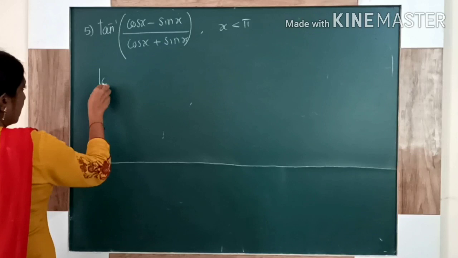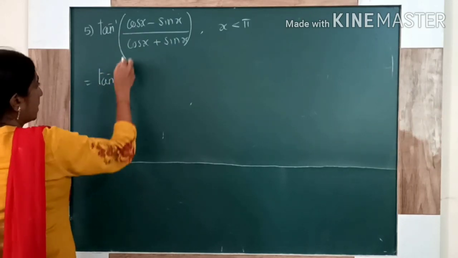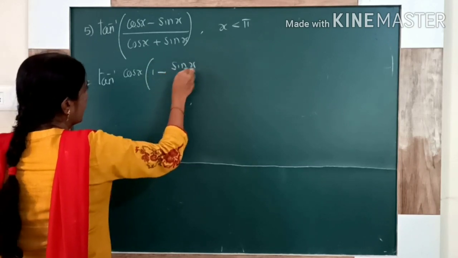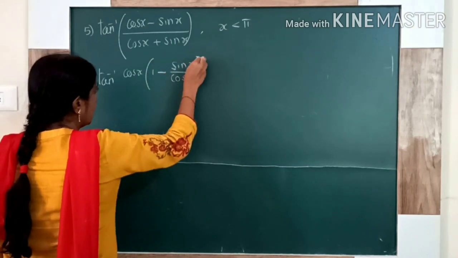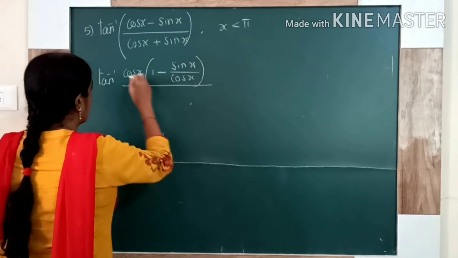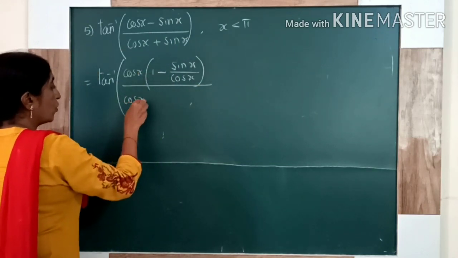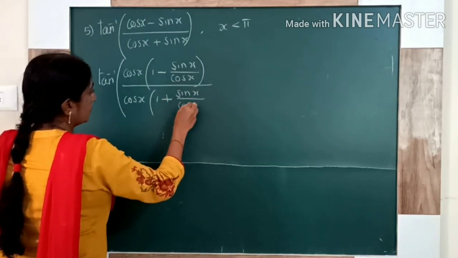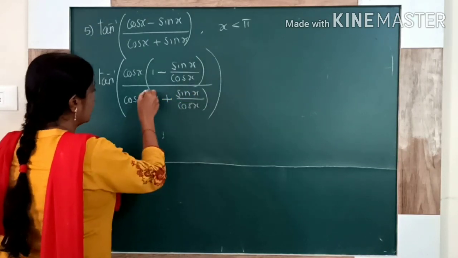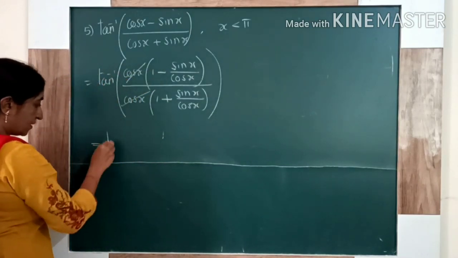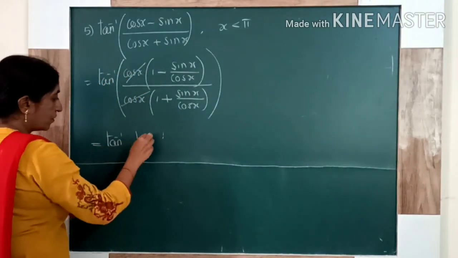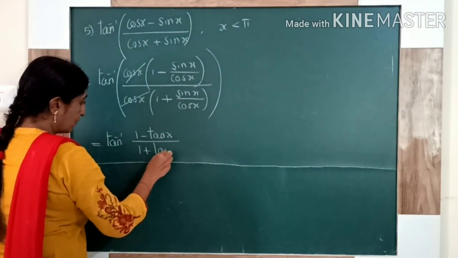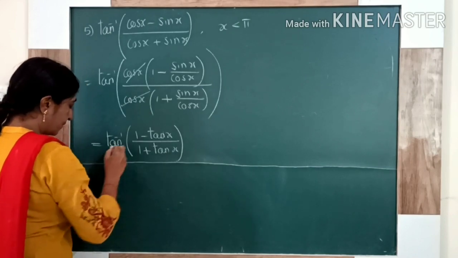So for that, I am taking cos x common. I am explaining each and everything here. If you take cos x common, there is no cos x in the sin term, so it should be written like this. In the denominator also take cos x common. This cos x gets cancelled. Tan inverse of 1 minus tan x upon 1 plus tan x.